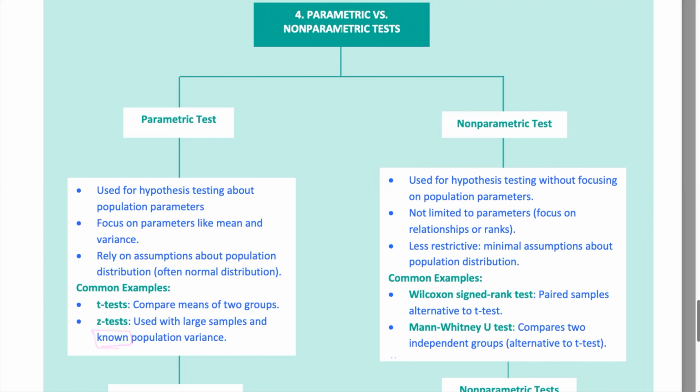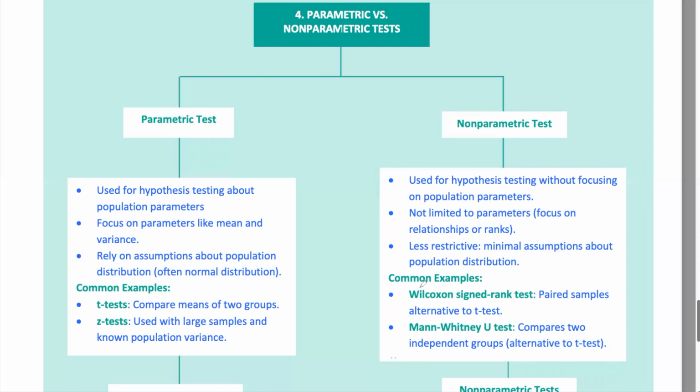On the other hand, non-parametric tests do not focus on population parameters and make minimal assumptions about the population distribution. Non-parametric tests are used when we are concerned with quantities other than parameters or when we cannot assume a specific distribution for the population. These tests are more flexible because they do not rely on strict assumptions about the population distribution.